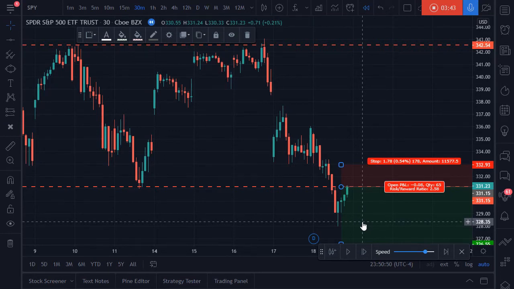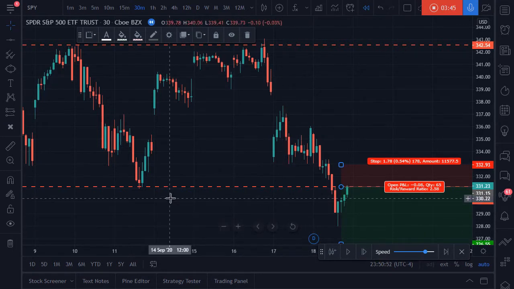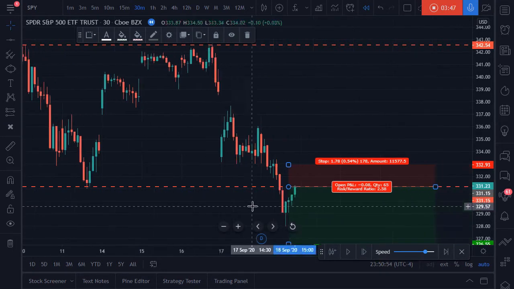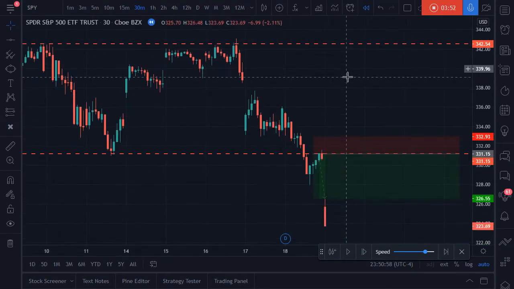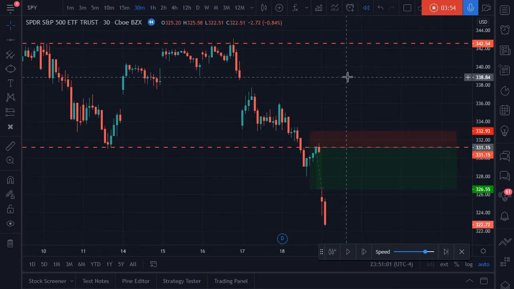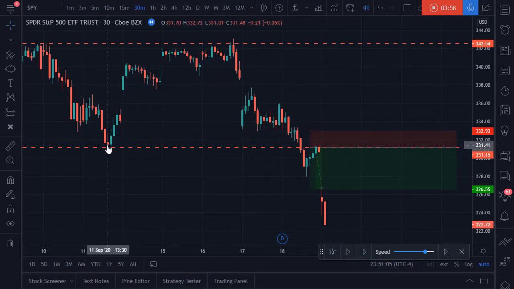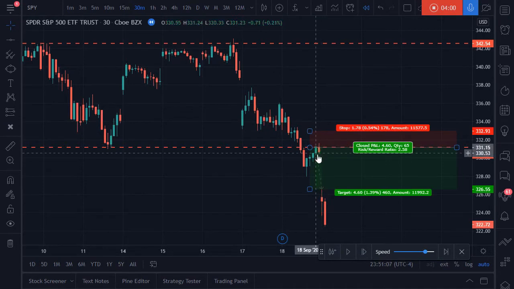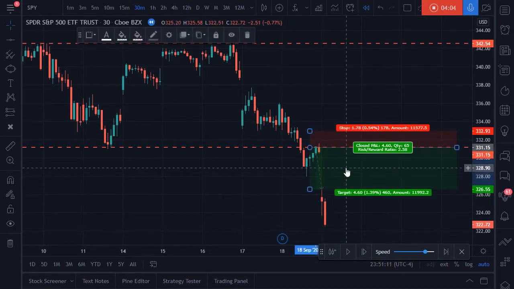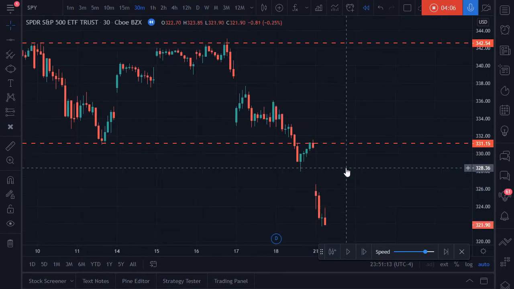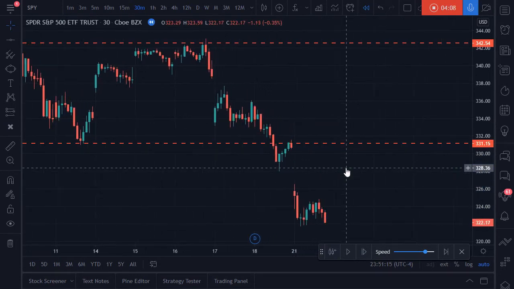It's fantastic. And that comes from being patient and knowing where these levels are. And so if we keep on going, we see a nice little gap down, and that's all off of that support, and it turned into a resistance for us. Fantastic. So now that we've established that, let's just continue forward and see what happens.